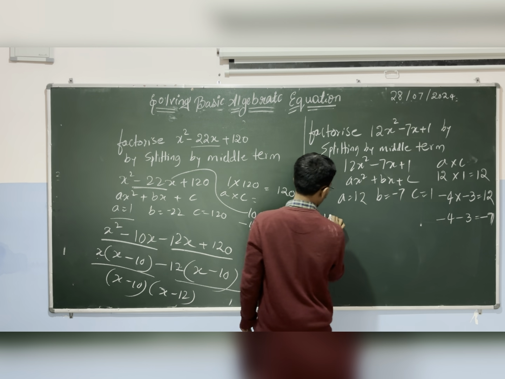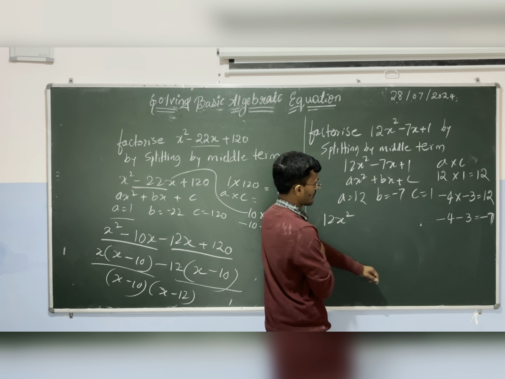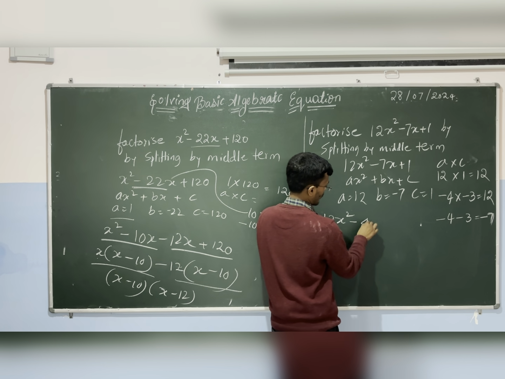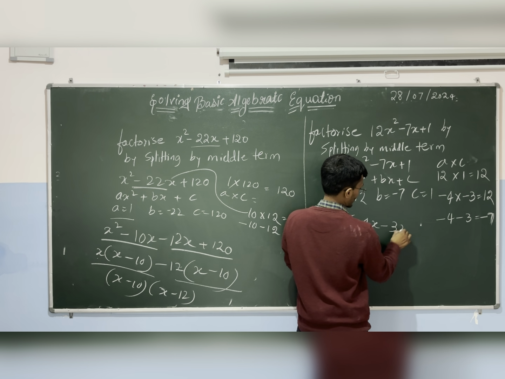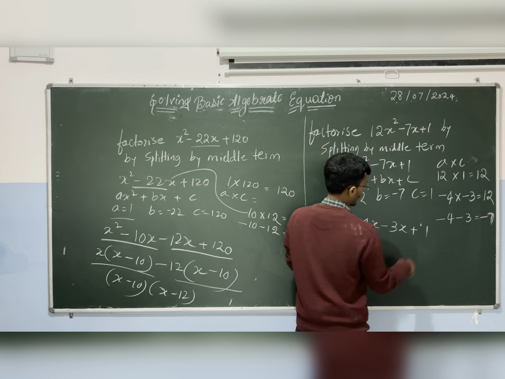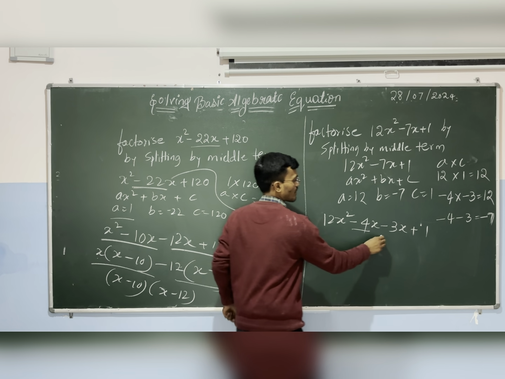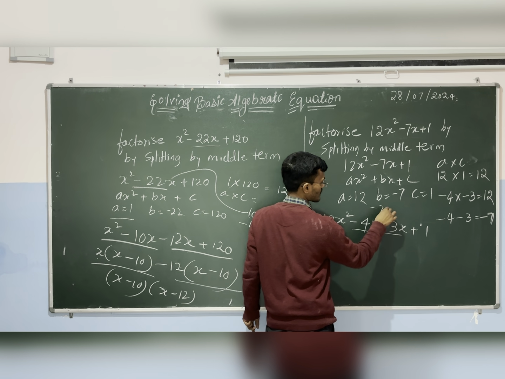So write 12x square minus 4x minus 3x plus 1. Minus 4x and minus 3x make minus 7x.